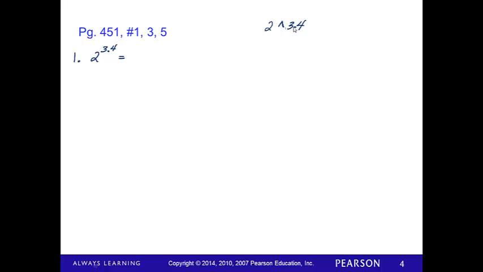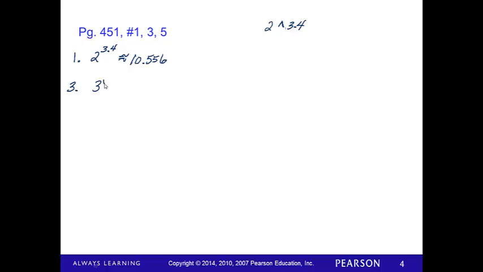So let's go ahead and do that. 2 raised to the 3.4 power is approximately 10.556.